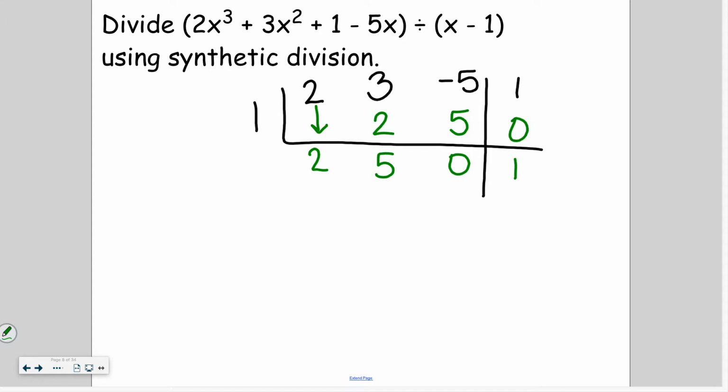So our remainder is 1. So in our factor and remainder theorem, x minus 1 would not be a factor of 2x cubed plus 3x squared plus 1 minus 5x. All right?